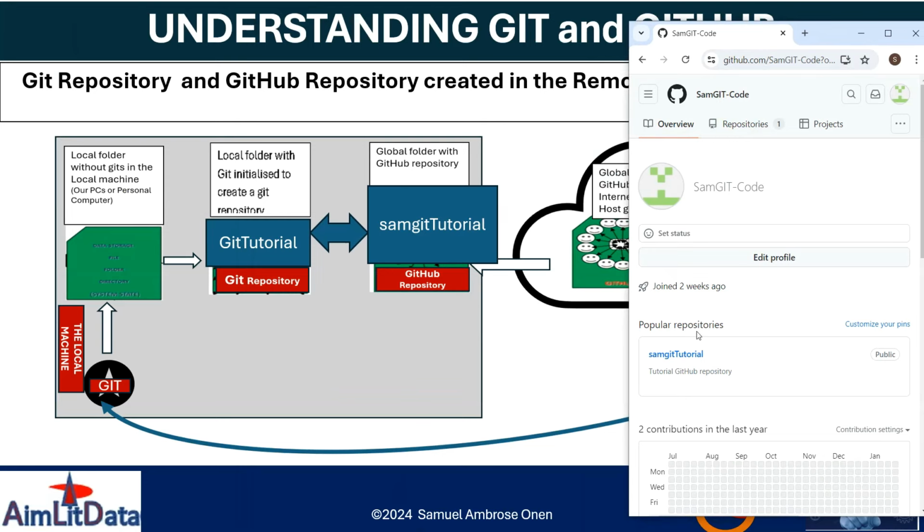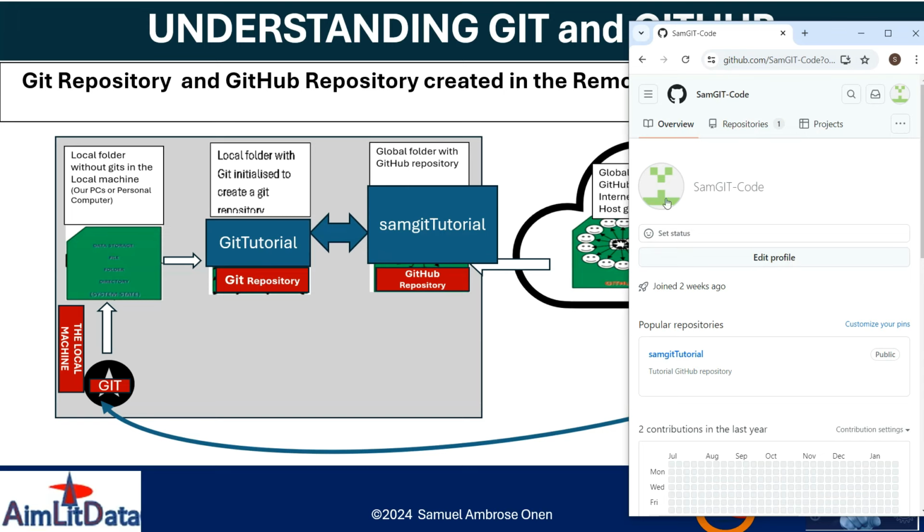We have some Git tutorial, and some Git tutorial is sitting on our local desktop there. I just put it there to show the link, because we have linked the Git tutorial local repository to the some Git tutorial GitHub repository, which is this one.